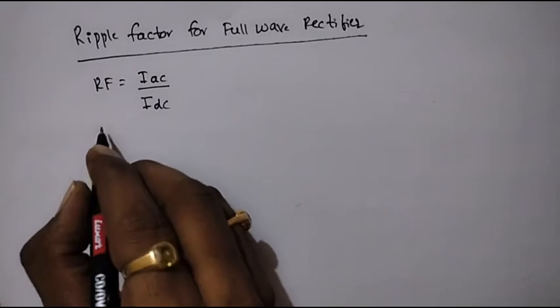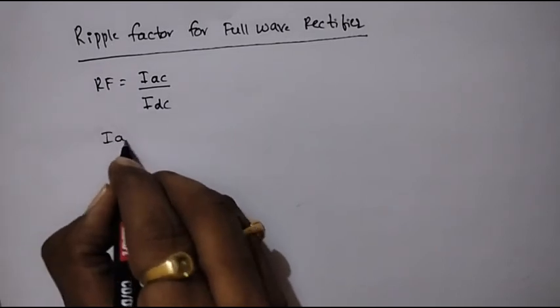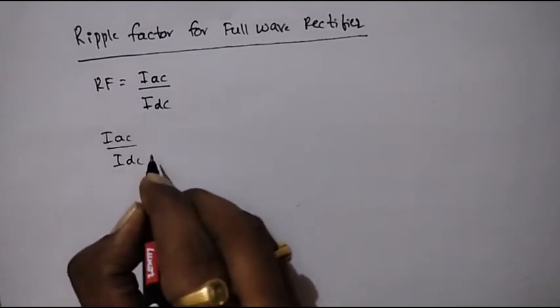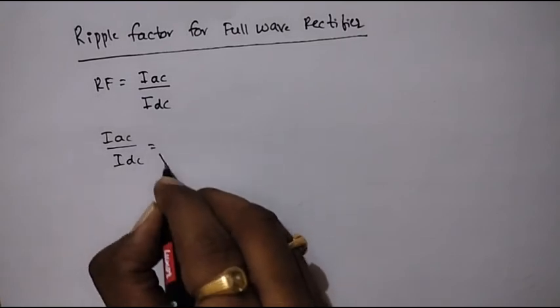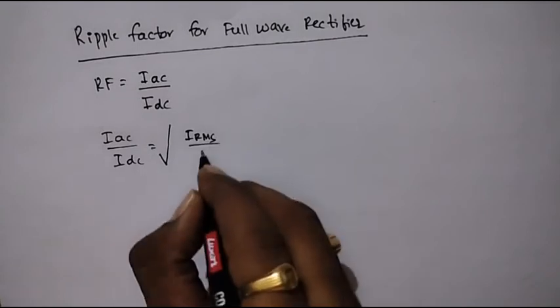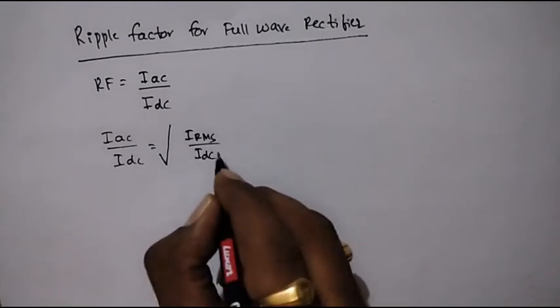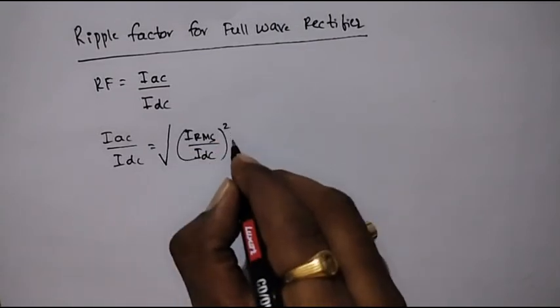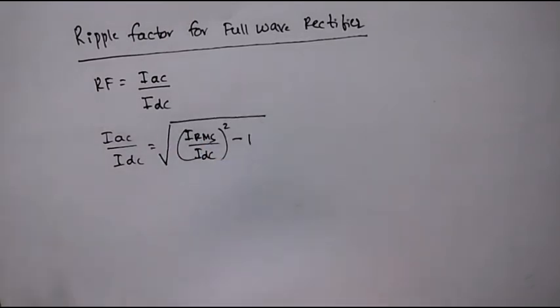So just now we have derived the expression, that is IAC by IDC, which is equal to under root of IRMS by IDC square minus 1.